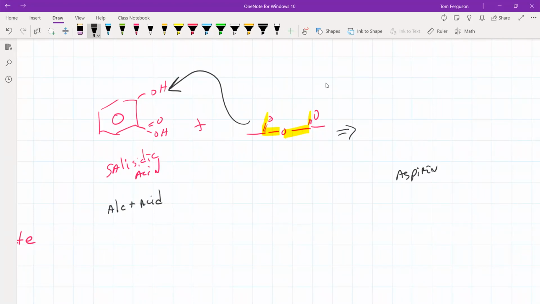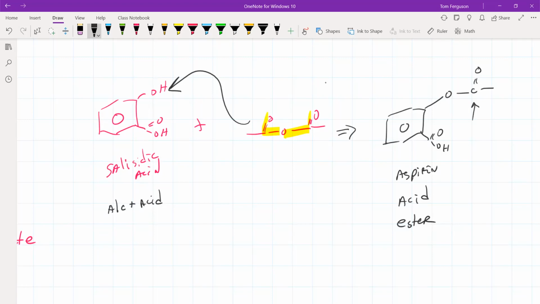Aspirin is going to look like this. So aspirin is an acid and an ester combined. So if you have old aspirin, it kicks that off and reforms the alcohol.